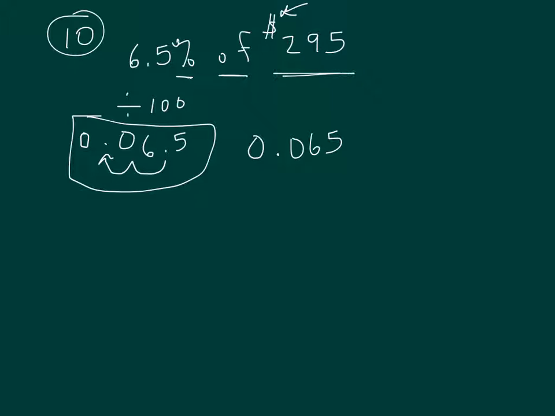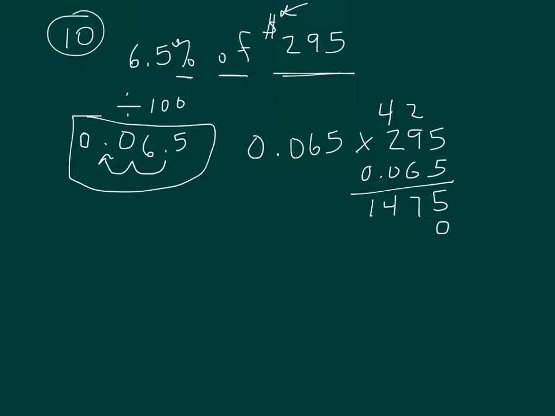We have to then multiply that decimal times the whole number, which might be easier since we're doing this without a calculator to line it up vertically like this. 5 times 5 is 25, carry the 2. 5 times 9 is 45, plus 2 gives me 47, carry the 4. 5 times 2 is 10, plus 4, I get 14.